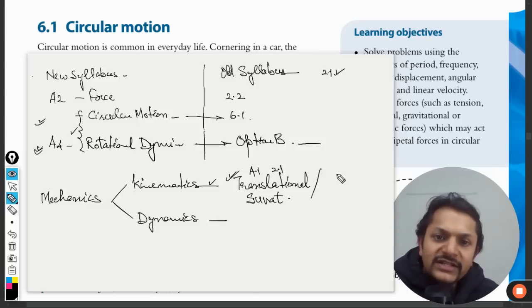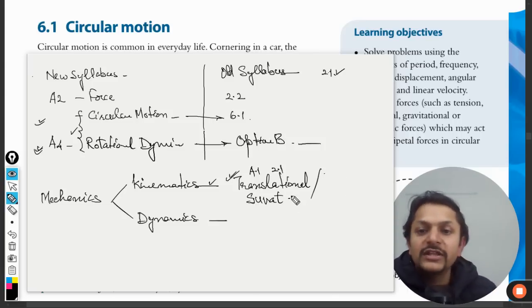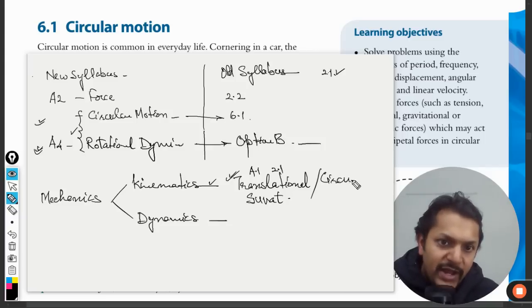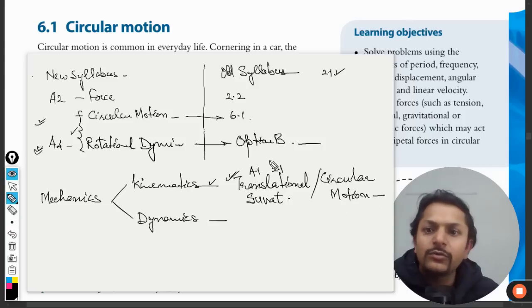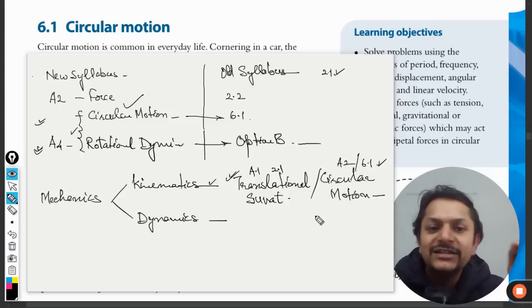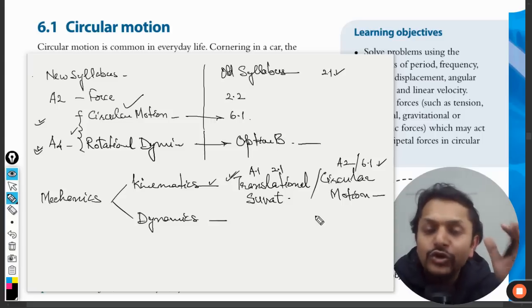Now after this, there is also circular motion here in the same bracket. You can call it circular motion. Now in this part of circular motion, which we are going to do here in A2 or 6.1, we do not consider the rotational forces.